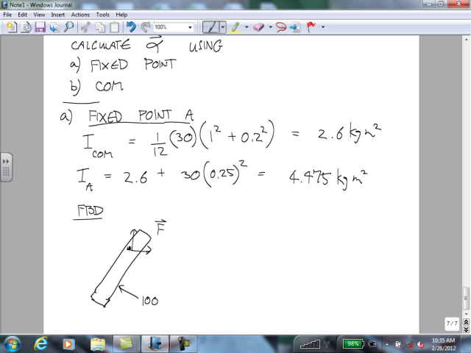So that force F that we don't know isn't going to produce any moment, okay? And that's the first big simplification you get when you have a fixed point. You have an unknown force in almost every case that has to be calculated in the moment when you're using the center of mass, and it doesn't have to be calculated in the moment when you're using the fixed point, okay? That's a nice advantage.